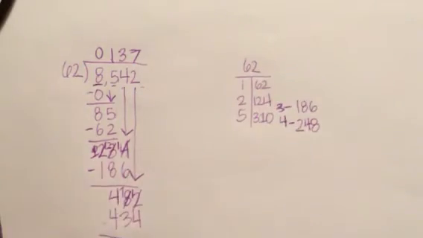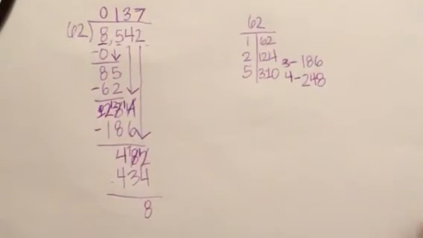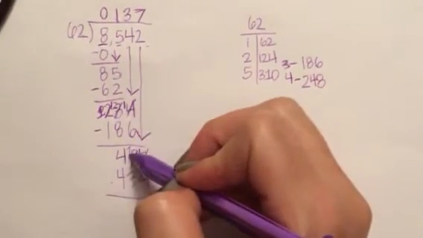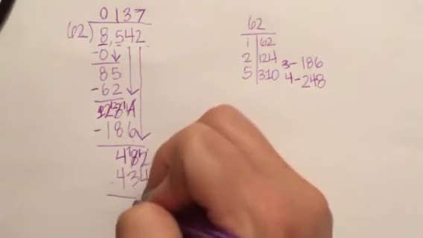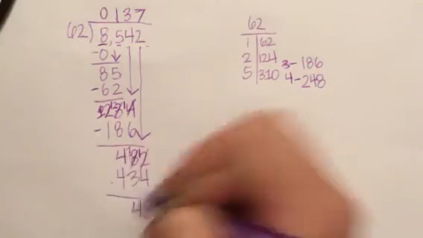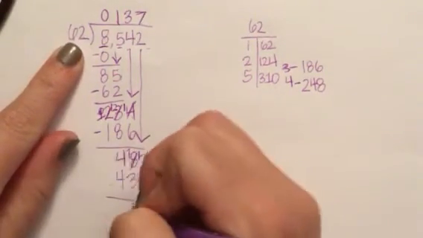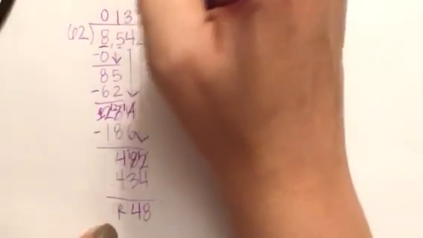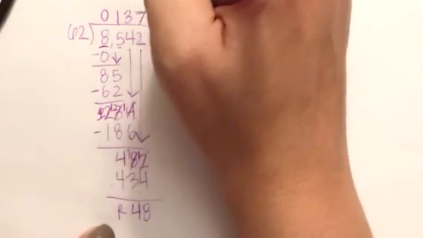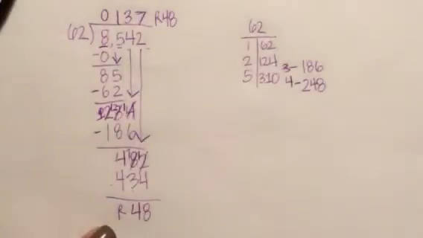Let me move it up just a little bit. 7 minus 3, sorry, is 4. And 4 minus 4 is 0. I am less than 62. So again, just as we saw in the other problem, the remainder is 48. The answer is 137. So 137, remainder 48.